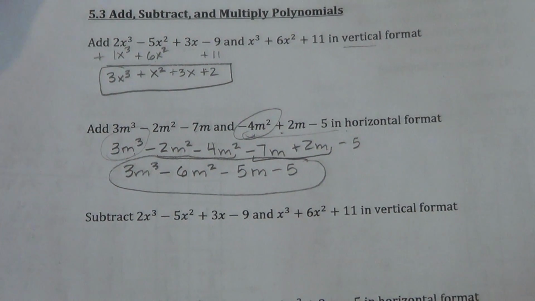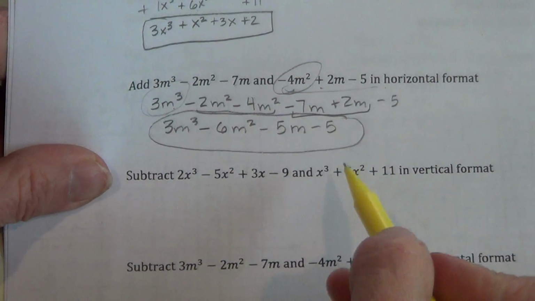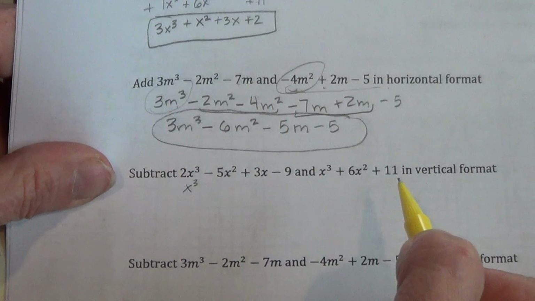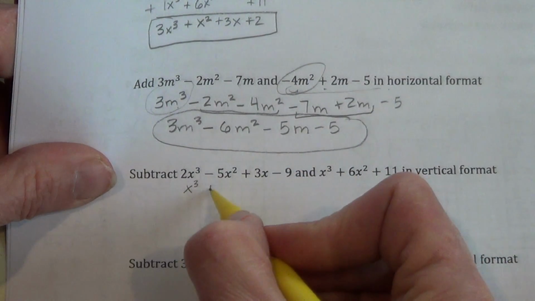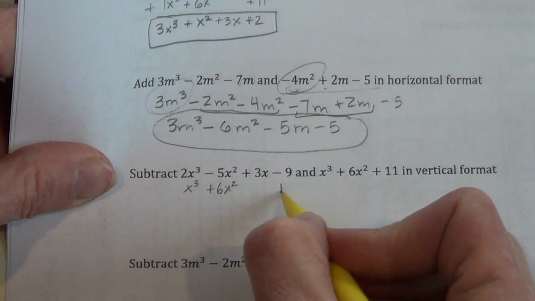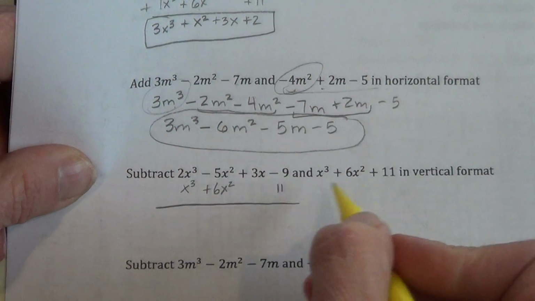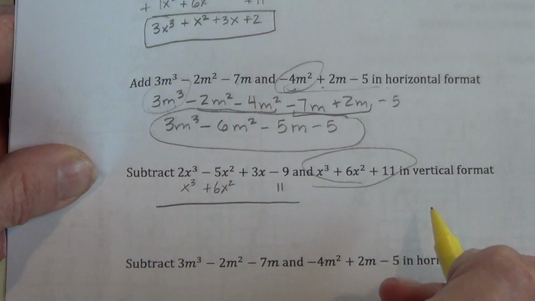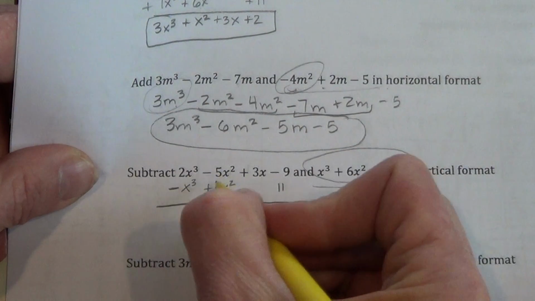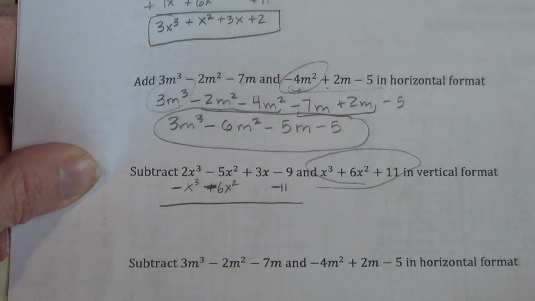Now, when we're subtracting in vertical format, I go ahead and do just like I did in add. I write all the terms right below the like terms. X cubed, positive 6x squared, and the 11. But now what I do, because it was subtraction, it's the second polynomial being subtracted from the first, so I change all the signs in the second polynomial, and then I add.